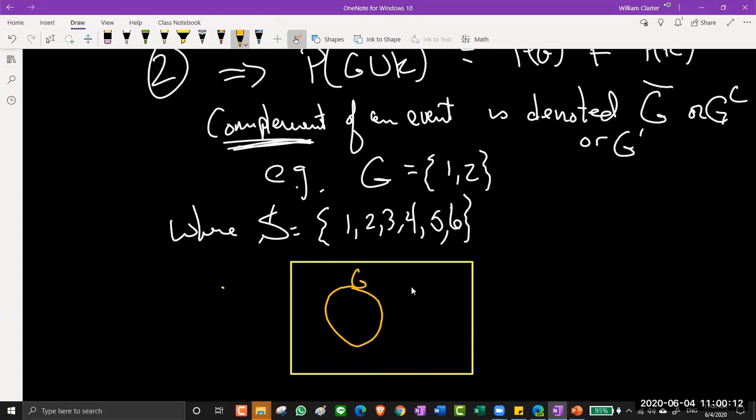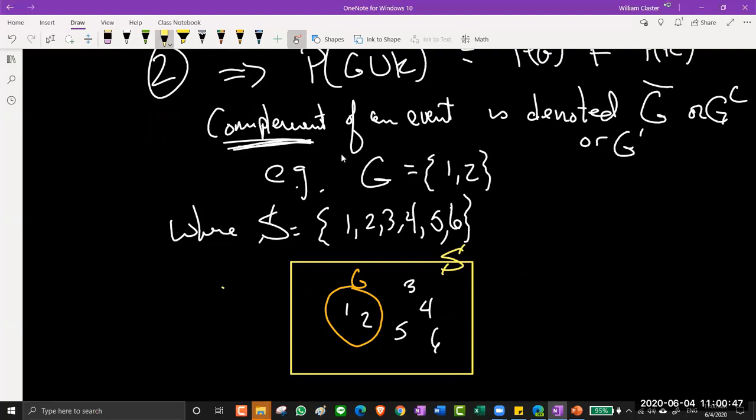So the sample space contains all the points, but G contains 1 and 2, and then in the sample space we have 3, 4, 5, 6, right? Does everyone understand this picture? And this set here is called the sample space. That's the whole set of outcomes.